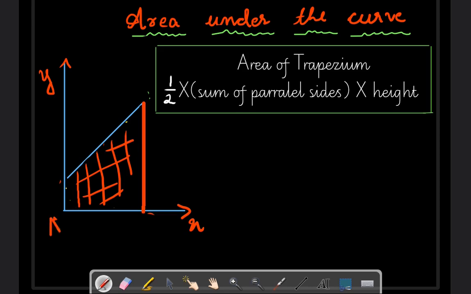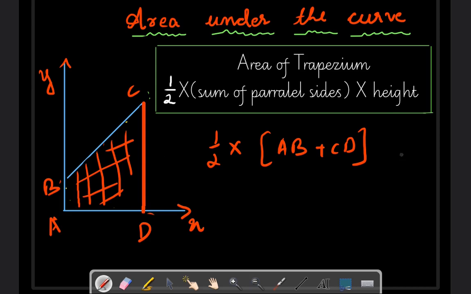So here let us say A, B, C, D are the four corners of this shape and the shape here is trapezium. So area of trapezium is equal to half into sum of parallel sides into height. In this case my sum of parallel sides are AB plus CD as these two sides are parallel, into height, and here the height is AD.